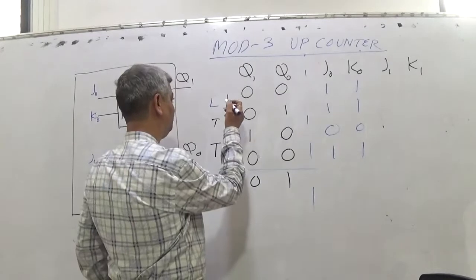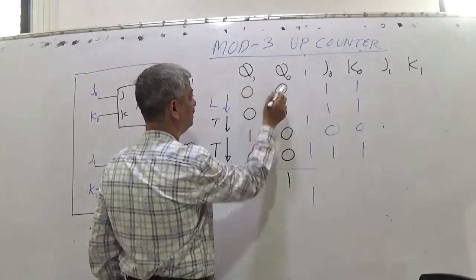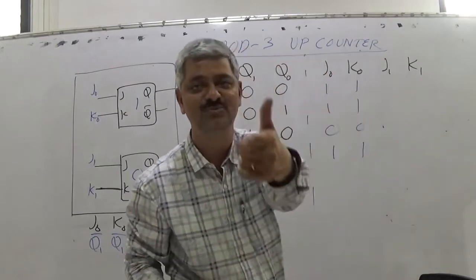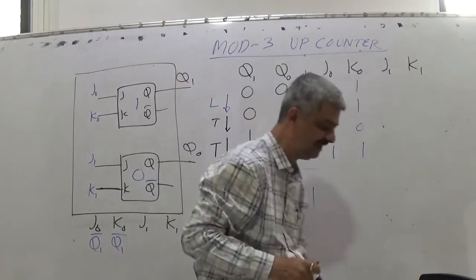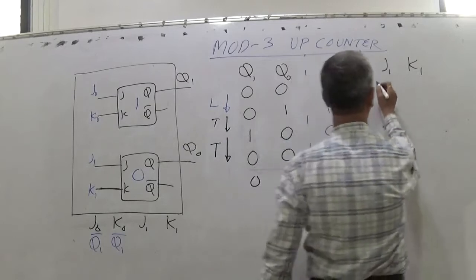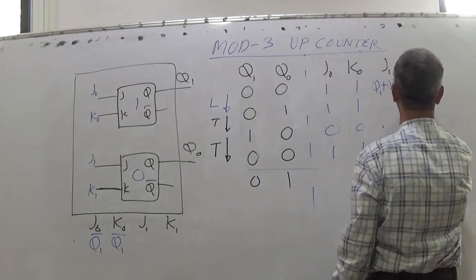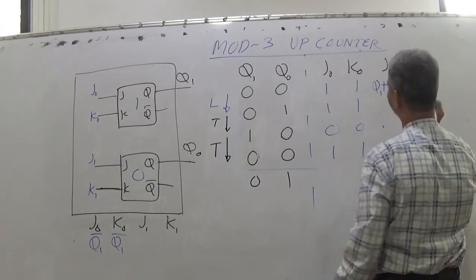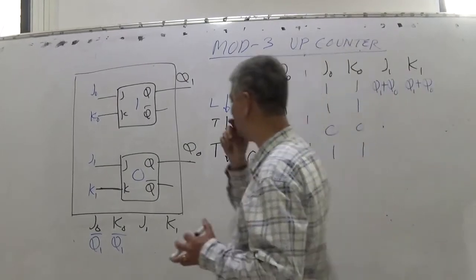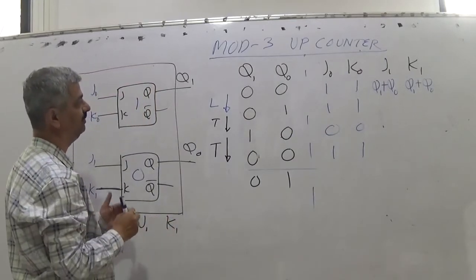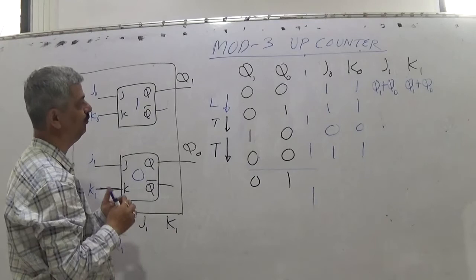When this is 0, 0, that time J1, K1 should be 0. In other cases it should be 1. So simply I can say that Q1 OR with Q0. Q1 OR with Q0. So when Q1 is OR with Q0, when both are 0, what will happen?